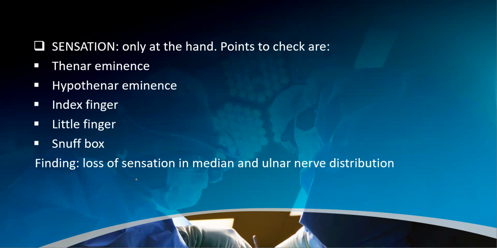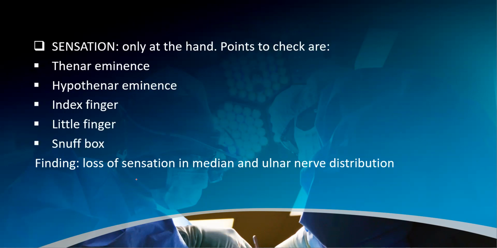Lastly, you come to the sensation and power. In here, we'll also check the sensation of the hand for any nerve injury. With cotton wool and pinprick, you will look mainly at the index finger for the median nerve, the little finger for the ulnar nerve, and the anatomical snuffbox for the radial nerve.